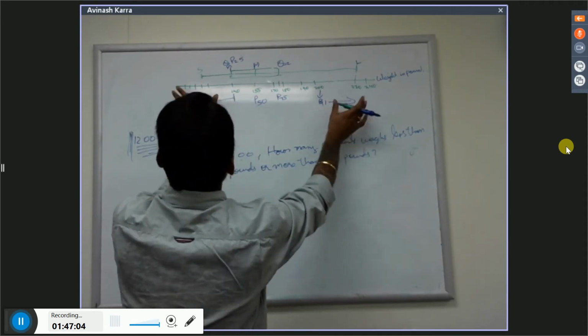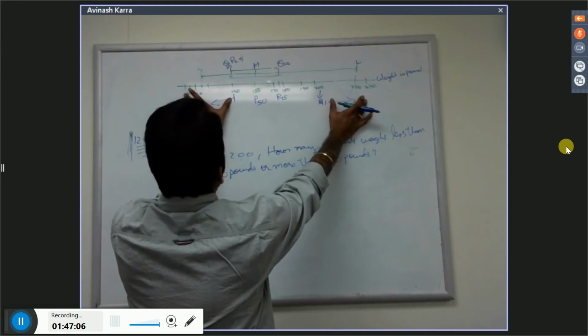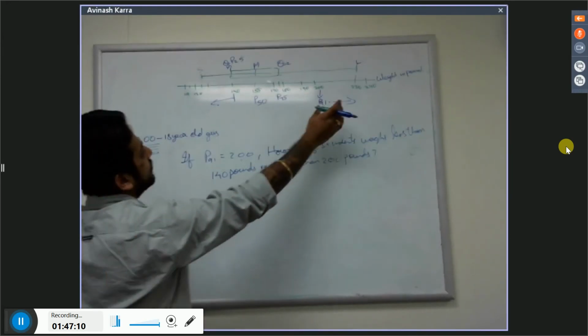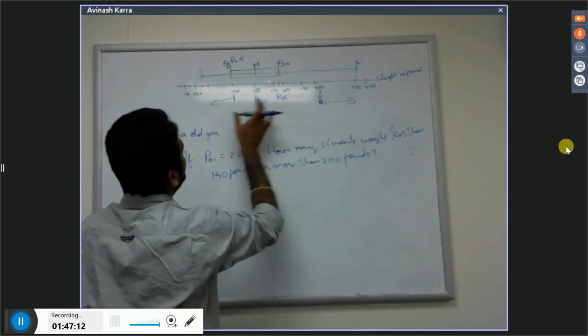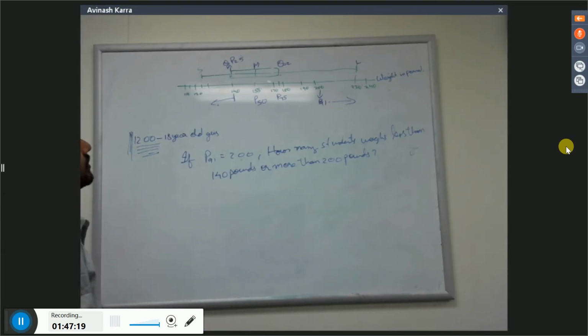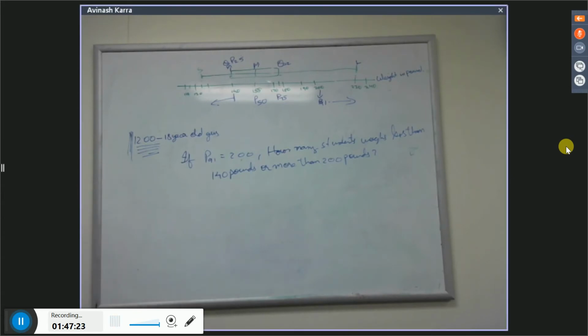He's asking this value. How will we find this value using the given information? Any idea? I mean, use some logic.